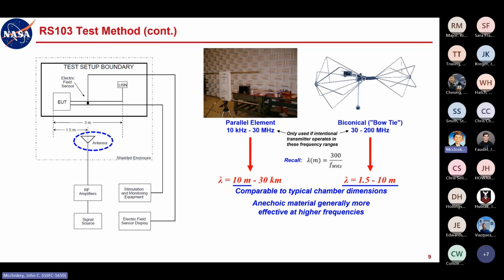and the anechoic materials generally are more effective at higher frequencies. Now, your ferrite tiles that you might have behind some of this type of anechoic material, those tend to work pretty well at lower frequencies. But absent that, if all you have are these more conical type of anechoic materials on your walls, those might not kick in until maybe the upper end of the bicon range, and maybe even higher.